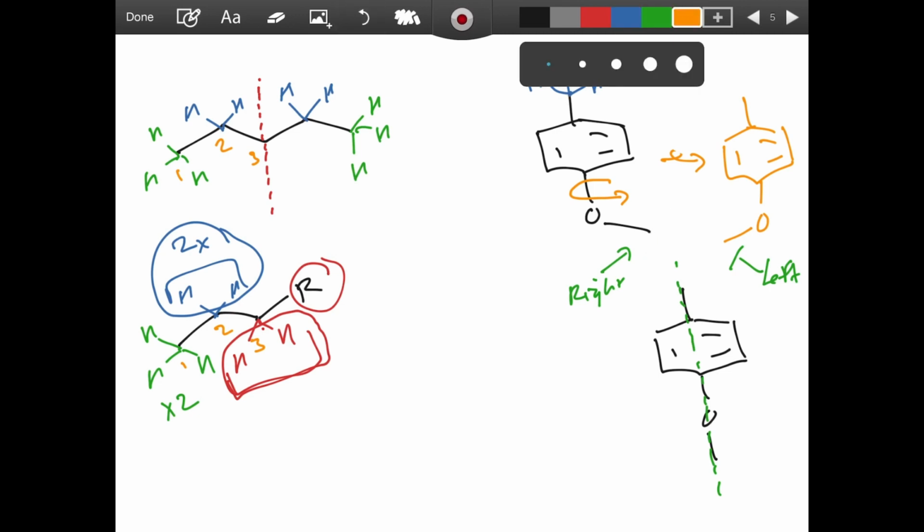These hydrogens here, the blue ones, are on a carbon that is bonded directly to the aromatic ring, and the green ones are on a carbon that's bonded to an oxygen. So the blue hydrogens and the green hydrogens are in different environments, so they're going to give different signals because they're not in the exact same environment.